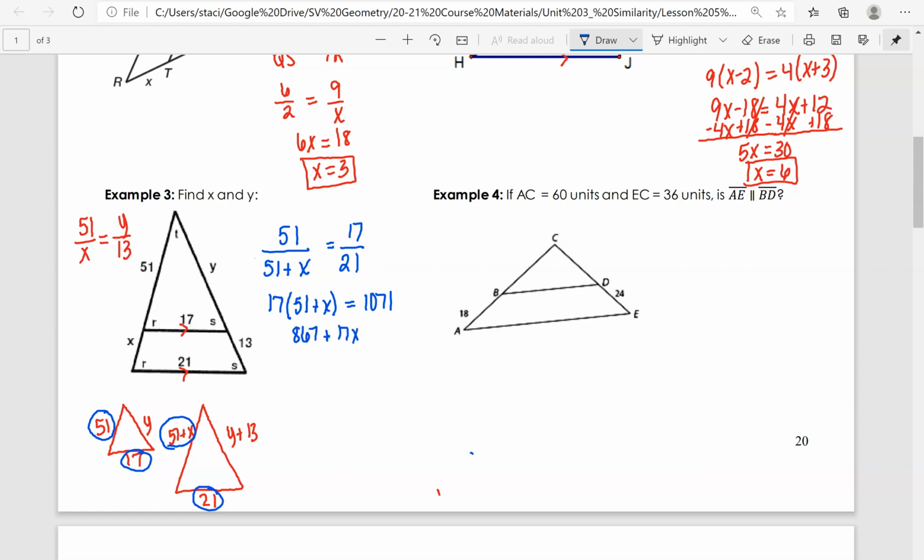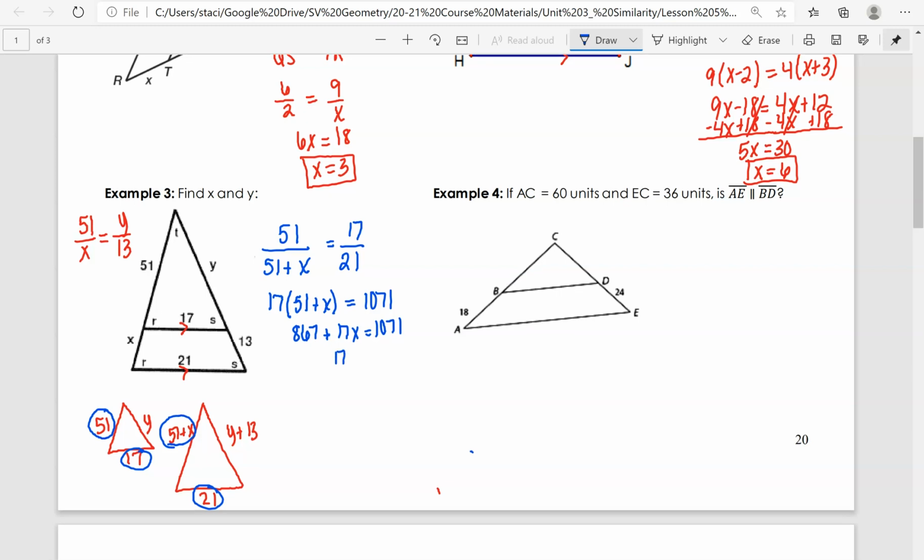Plus 17x equals 1,071. And if I subtract 867 from 1,071, I get that 17x equals 204, and then divide by 17, and I get that x equals 12.